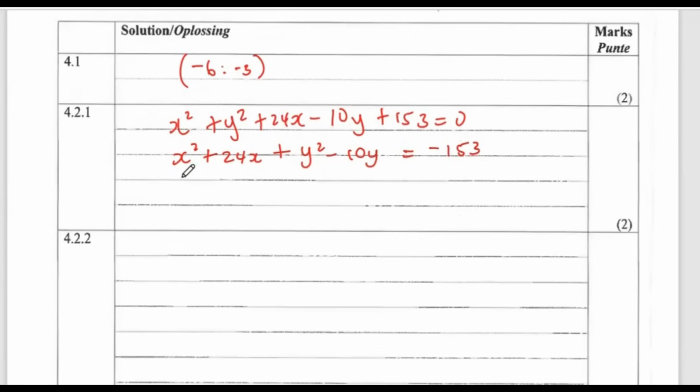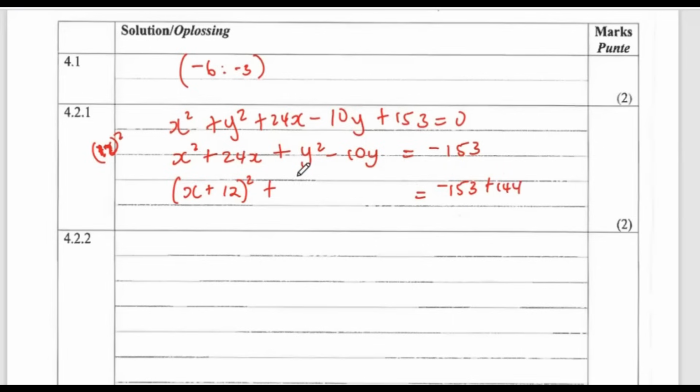Then when I complete my squares, remember we said it's x, and then the sign, which is a plus. A half of 24 is 12, and then you square that. When you square 12, you're going to get 144. Which means on our right-hand side, we plus the 144.